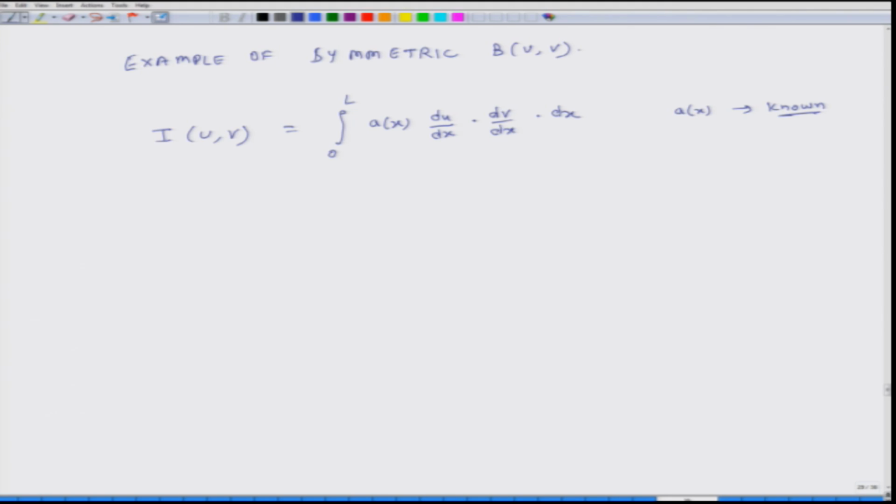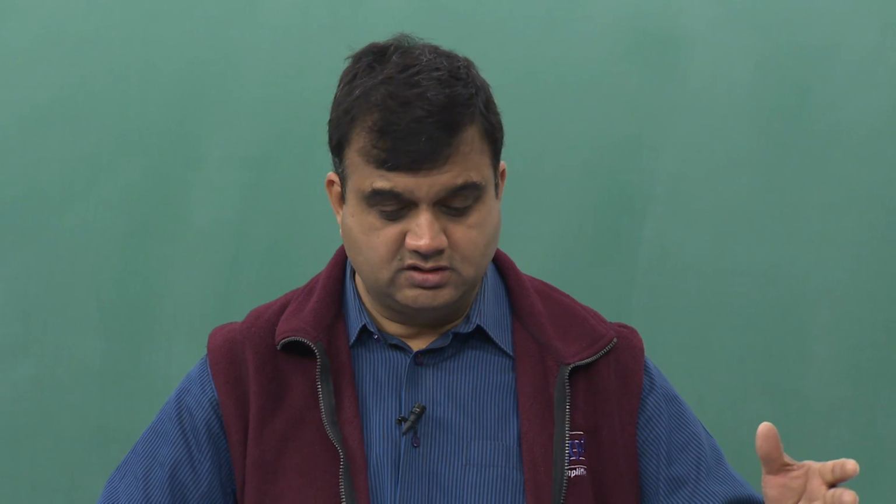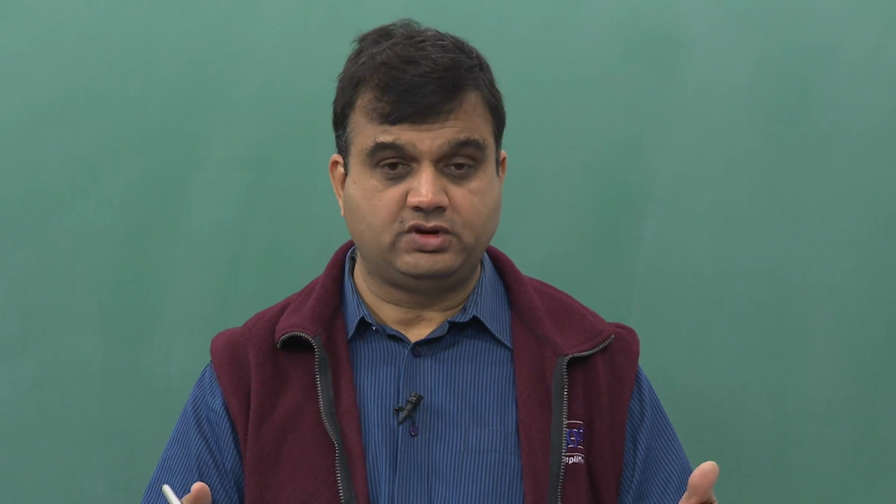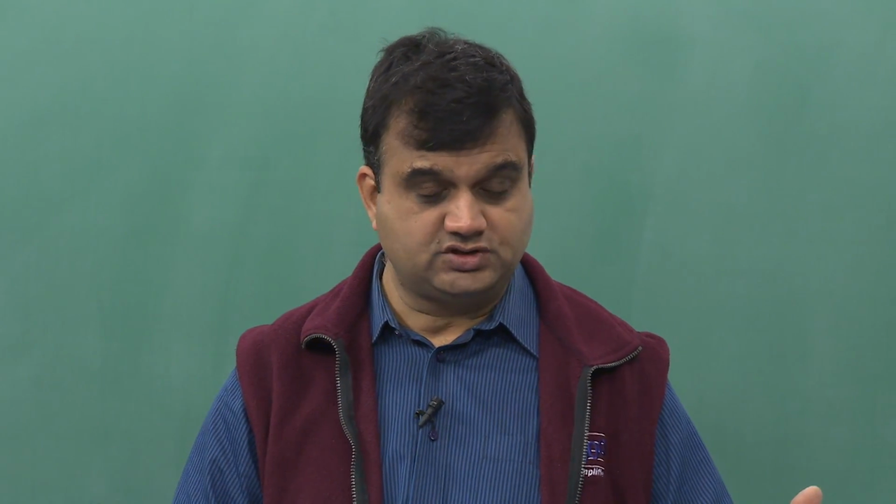So, if A of x is known, I can change u and v, but I cannot change A. For instance, A could be the cross sectional area of a rod along the length, that is not going to change, but u and v we do not know. We can try different solutions for u and v and see whether they meet our needs or not.